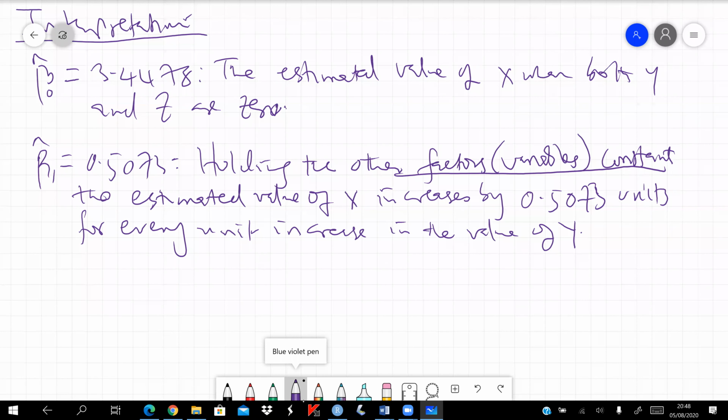So this part is important. You must control the effect of the other variables. Then now you interpret. So this is like a partial kind of interpretation.